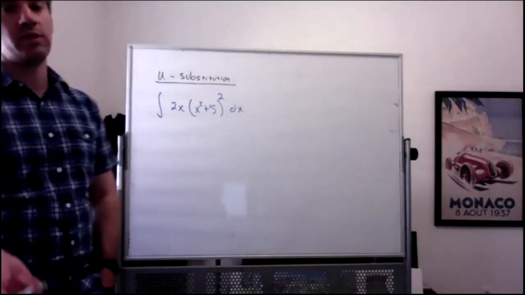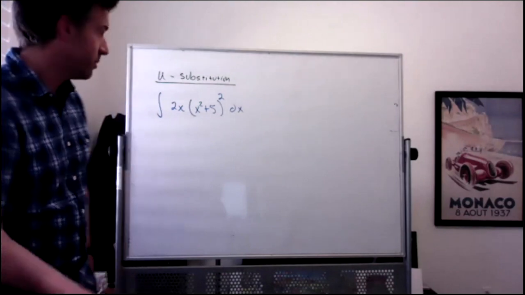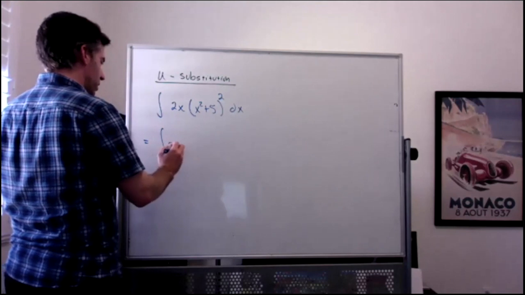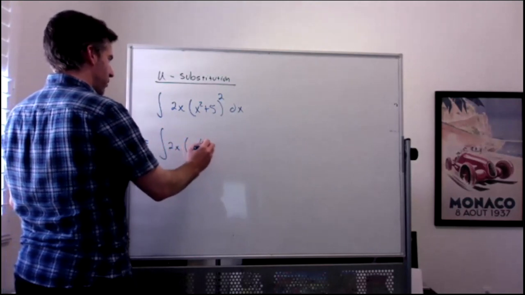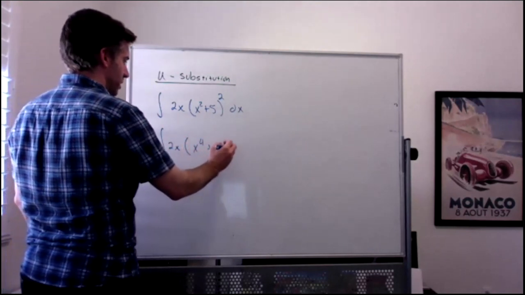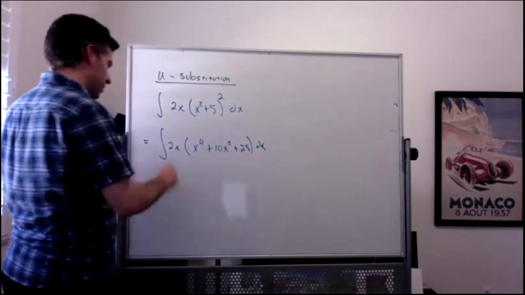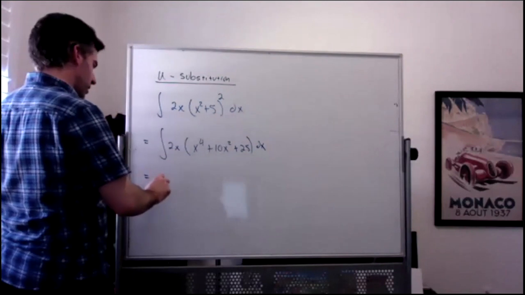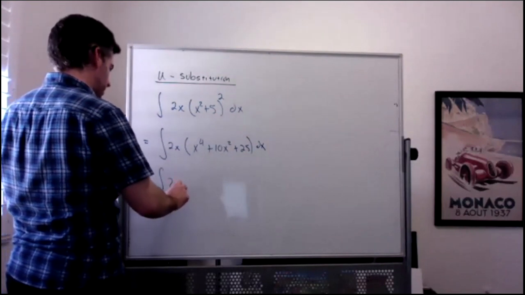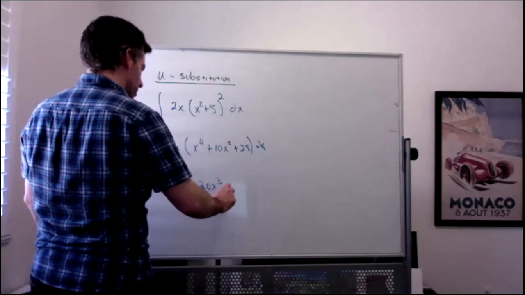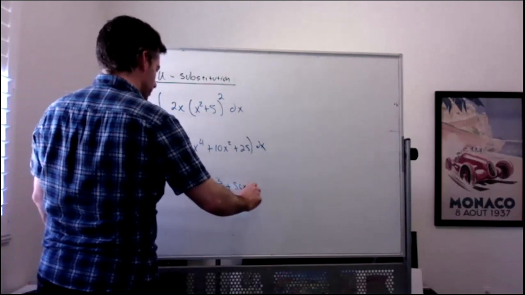This one we definitely could multiply out, so we will. This equals the integral of 2x times (x to the fourth plus 10x squared plus 25). Multiplying the 2x through, we get the integral of 2x to the fifth plus 20x cubed plus 50x.